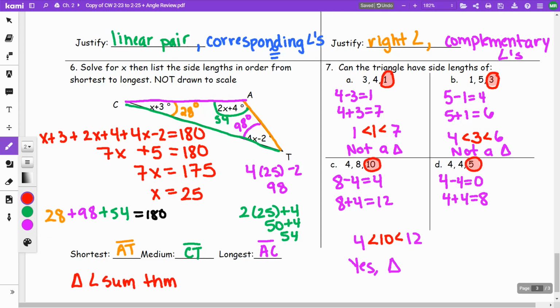Is 5 in between 0 and 8? Yes. So it is a triangle. And again, the reason for this is the triangle inequality theorem.